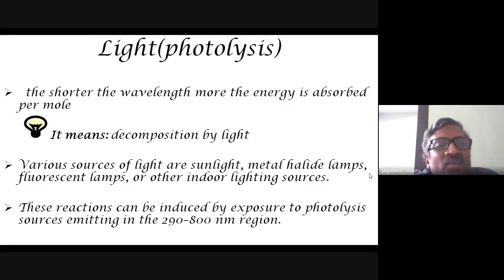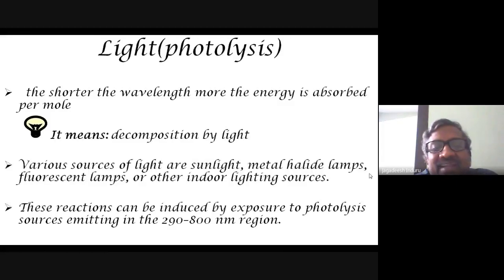The shorter UV range is going to have a greater effect compared to visible light, and UV light has more impact on decomposition. So we are going to restrict UV rays, including those in sun rays, from entering our product by using an amber colored container, a non-transparent container, or plastic HDPE bottles, so that degradation by light will be prevented.